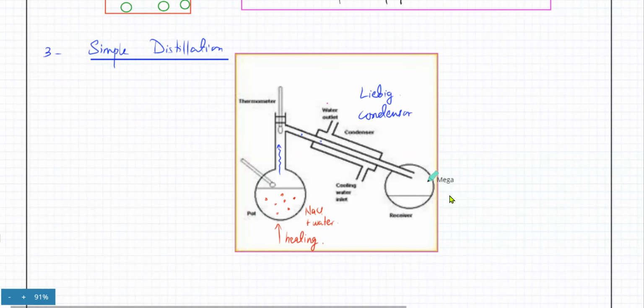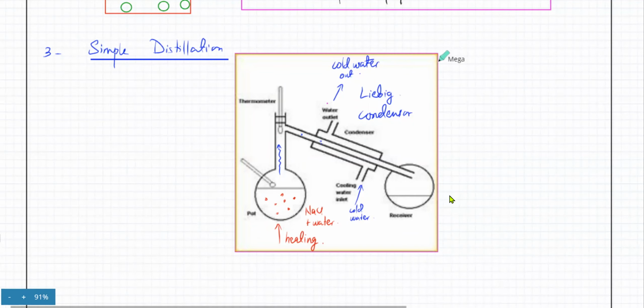And you might be asked, how does the condenser work? Cold water enters through the bottom opening and leaves from the top, because you'll be asked to label this. So it cools things down.